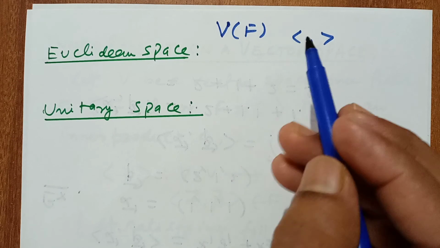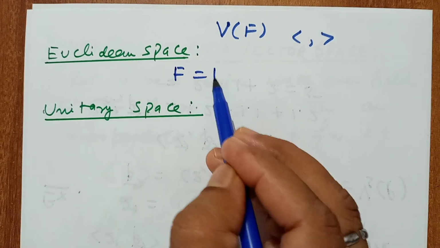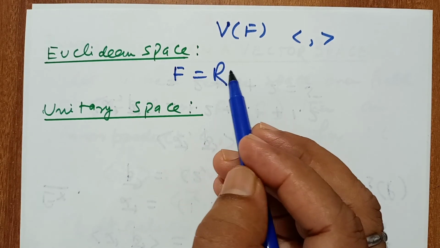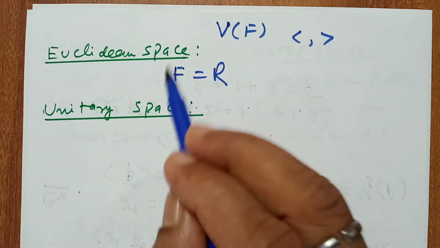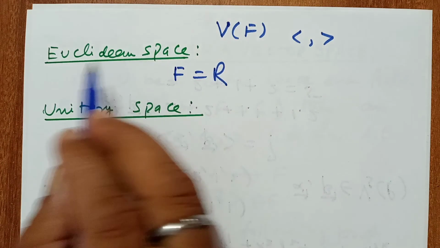If this field F is the set of real numbers, then with an inner product, it is called a Euclidean space.